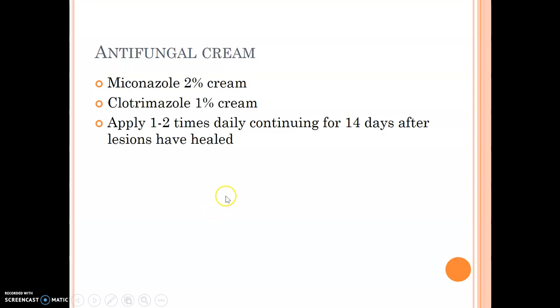The antifungal creams which are mostly used are miconazole cream and clotrimazole cream, and you usually apply twice a day and continue for 14 days after the lesion has healed.